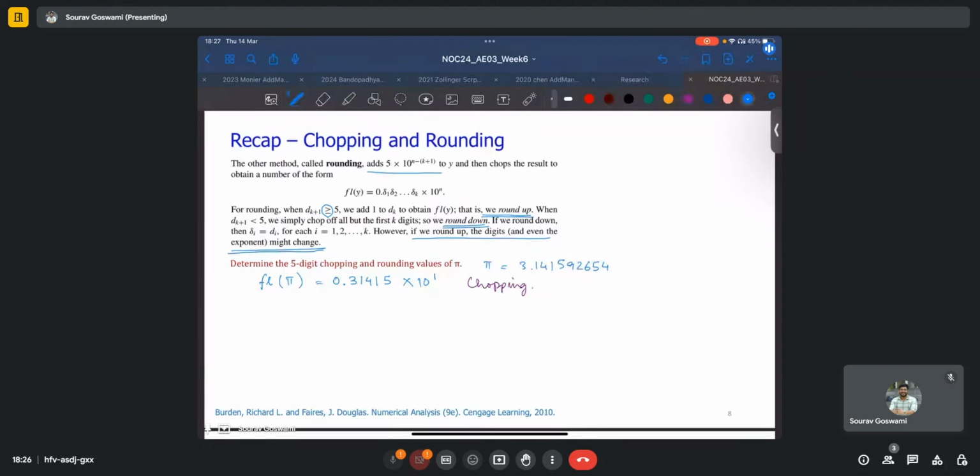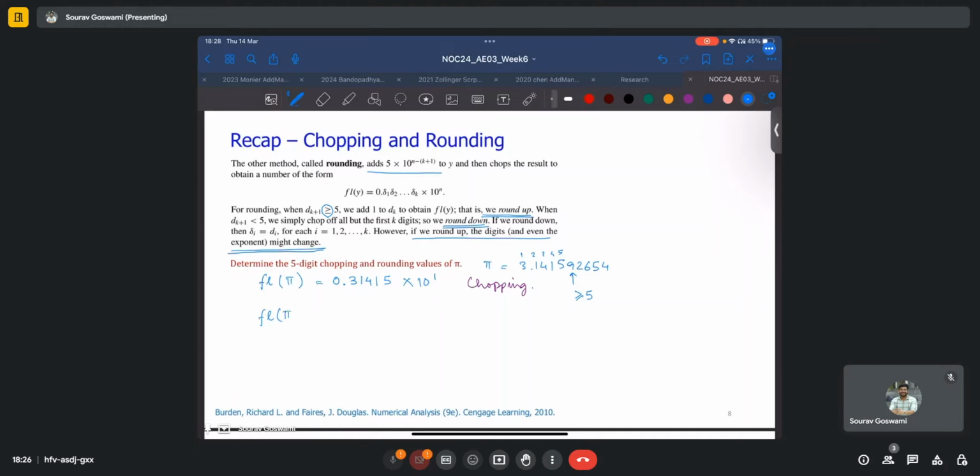Then we are looking to round the values. Here we see that after 5, so 1, 2, 3, 4, 5, the sixth digit is actually 9, which is greater than or equal to 5. So we'll add 1 to the previous digit, as we saw in this rule here.